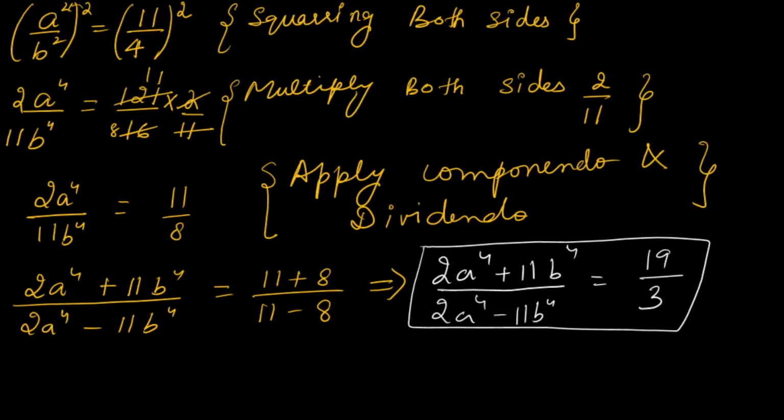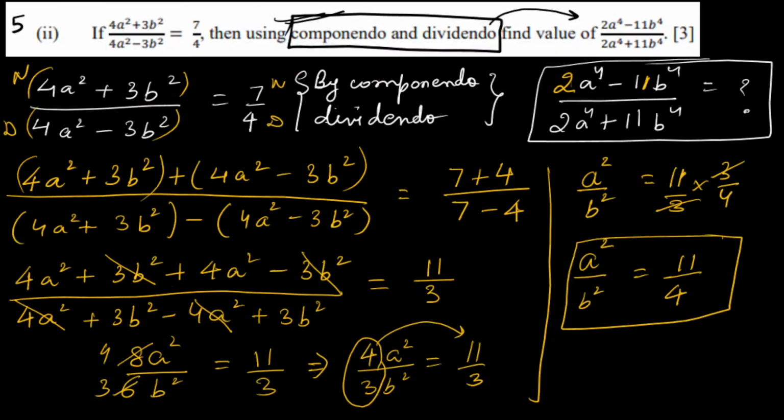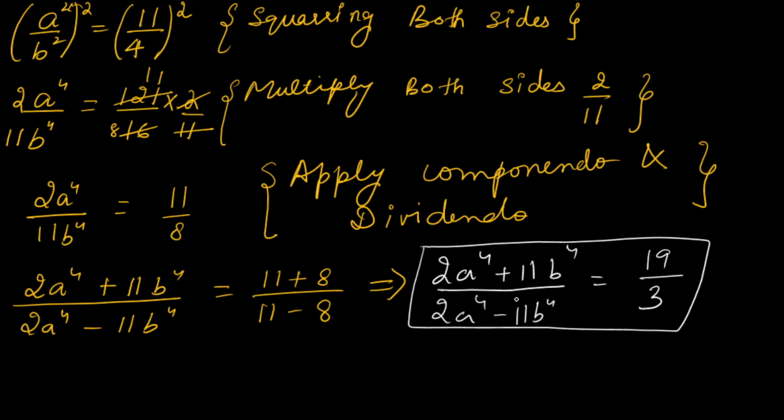Okay, 143 by 341. Invertendo. Yes, our question is already done. We found the value of this, but in this way we found. So now invertendo we can apply and question will be done. Invertendo is nothing but we can just do the reciprocal.